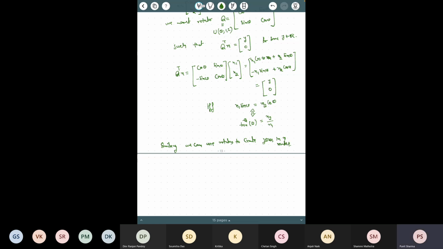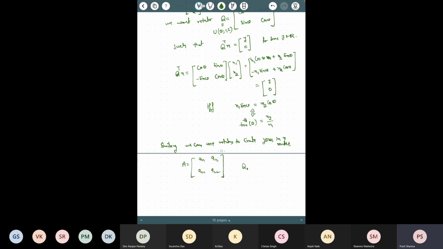For example, let's say we have this matrix A. If I apply a rotator Q to make A21 zero, I can do that using the above idea.